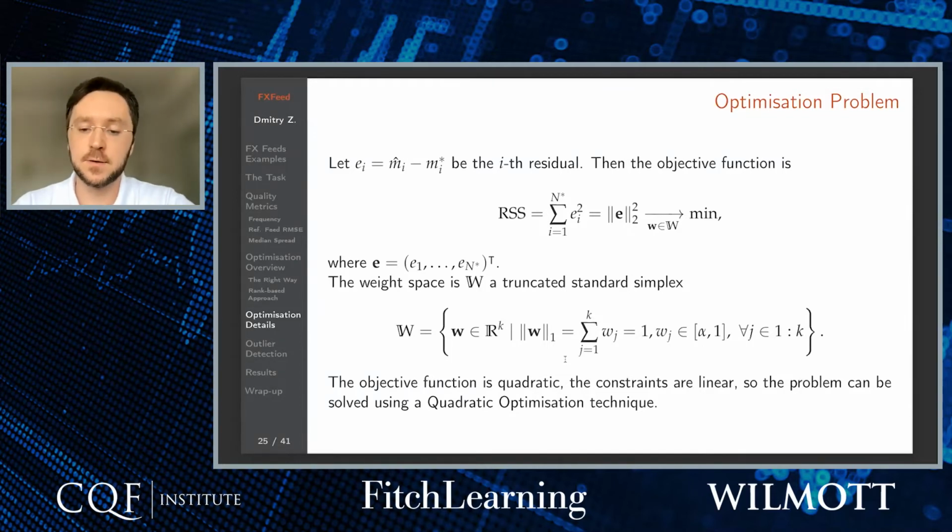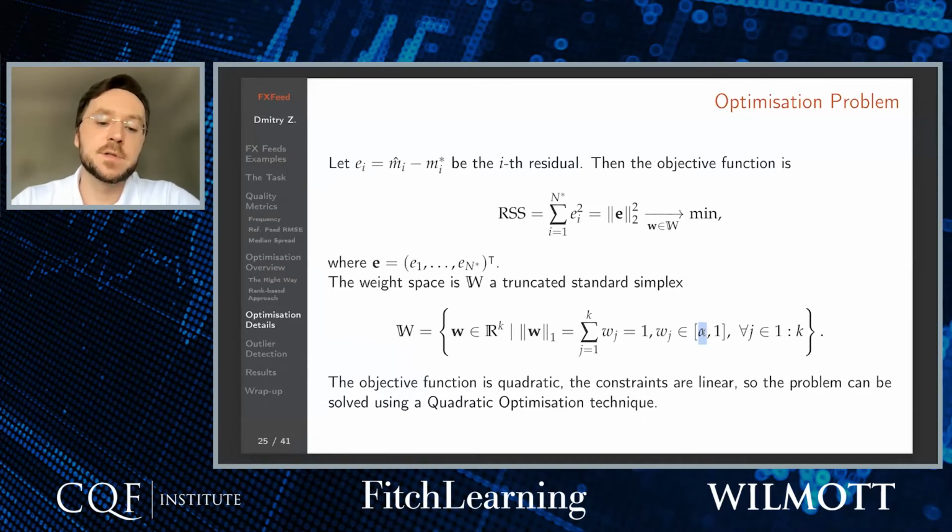And each coordinate of the vector should be greater than 0 and less than 1. And for practical purposes, instead of requiring each coordinate to be greater than 0, we say that they should be greater than some small value alpha, because otherwise the optimizer may set the coordinates to 0, and we would like to keep all the components that we've chosen initially.